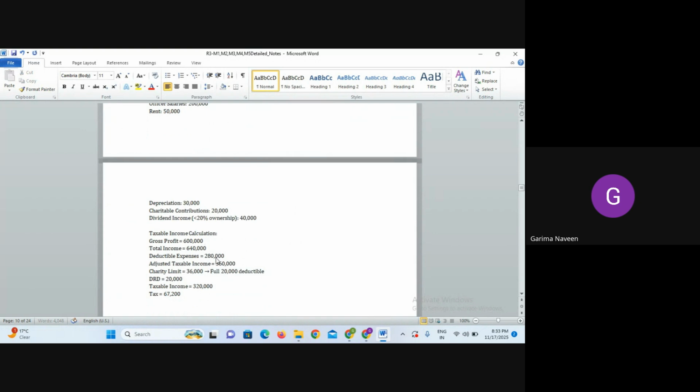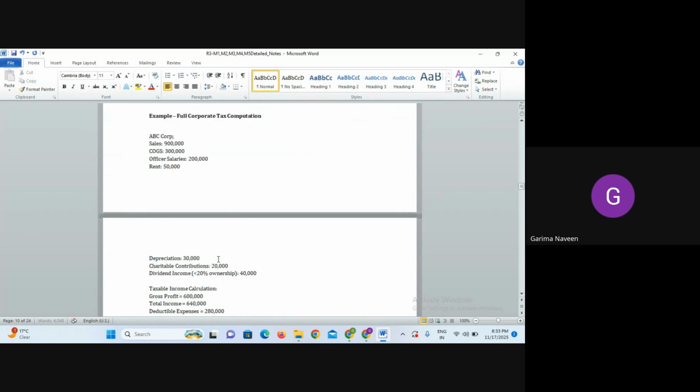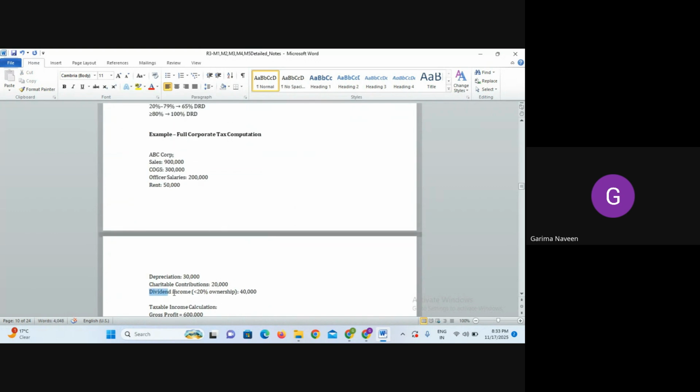Okay. So dividend income is 40,000 and your ownership is less than 20%. So how much DRD will be applicable here?